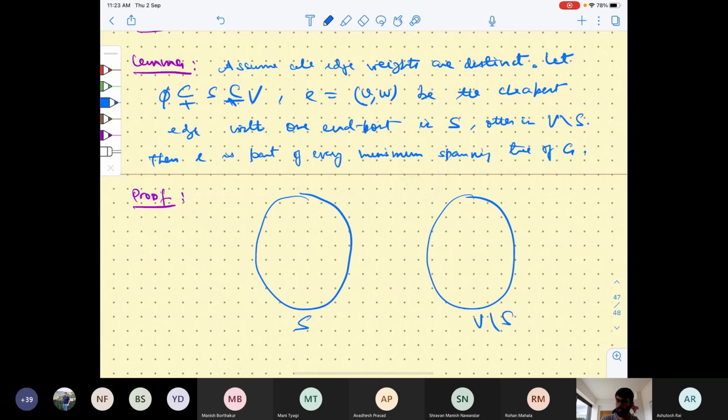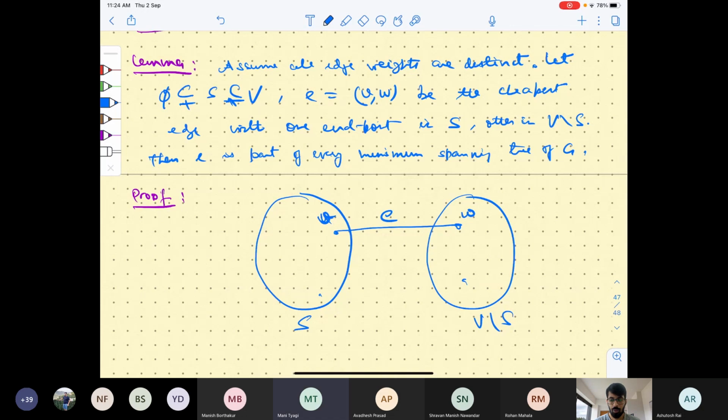This is S, this is V minus S. And if e, as we called it, was vw, is the cheapest among all the edges that go across from S to V minus S, then we say that this e is part of every minimum spanning tree of G. So that is going to be basically our rule: if we can identify such an e, then we can add it without worrying too much, because this is going to be part of every minimum spanning tree of G. And we'll come to how this will imply the correctness and so on. But is the lemma statement clear?